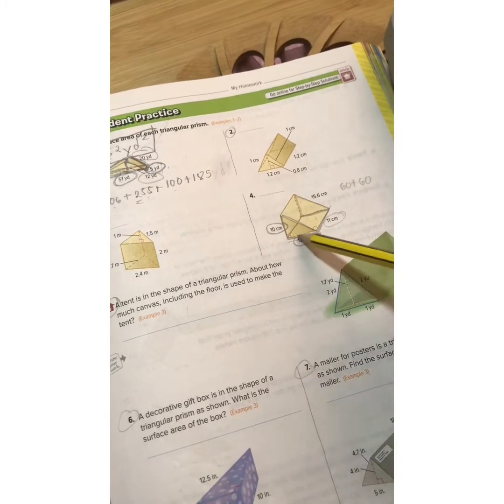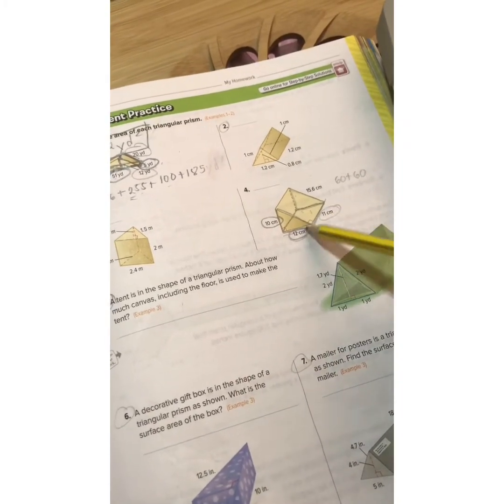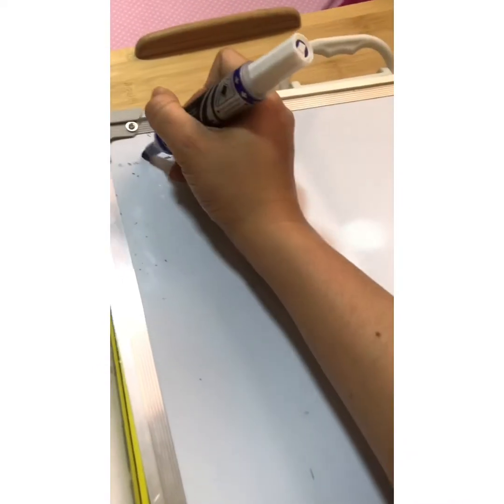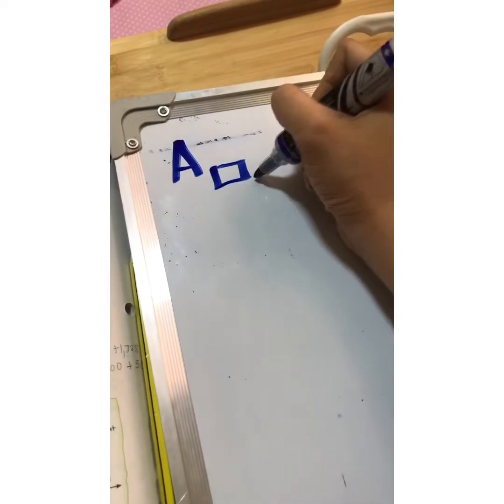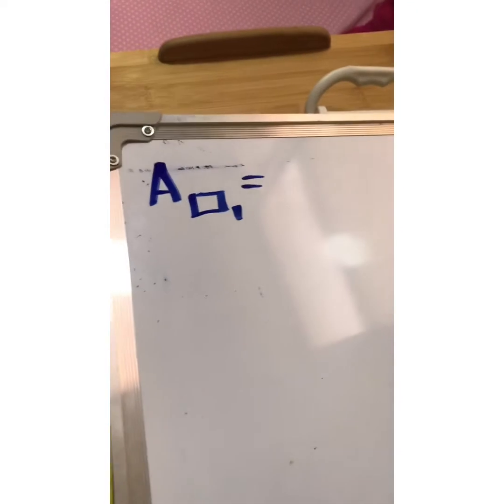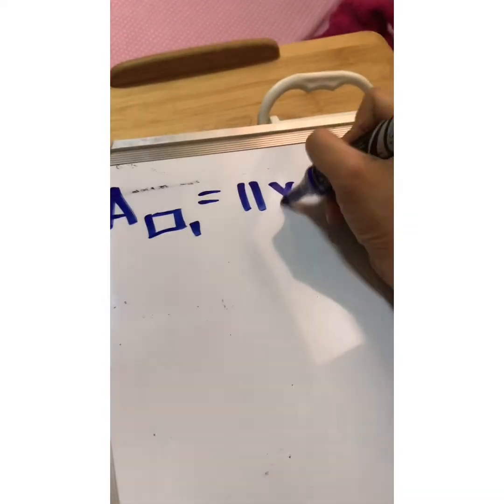I would like to start on the bottom part, this part. What's the base? This part is 11. And what's the height? That's 12. So, since it's a rectangle, we will just multiply 11 by 12. You can use your notebook to multiply it. Area of rectangle 1 equals 11 times 12.